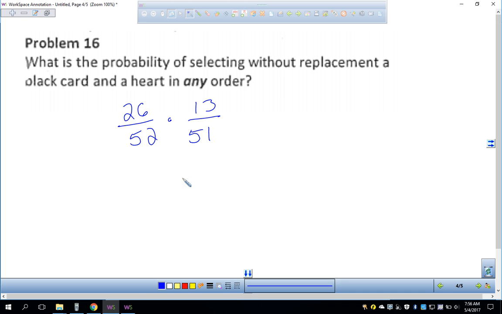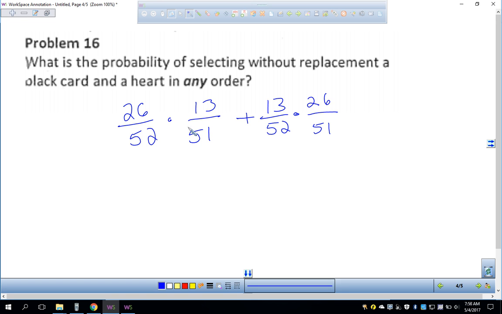But if they say in any order, I could have also picked a heart first, so I'm going to add that probability. What's the probability of picking a heart the first time? 13 out of 52. And now how many cards are left? 51, and how many black cards am I going to choose from? 26.